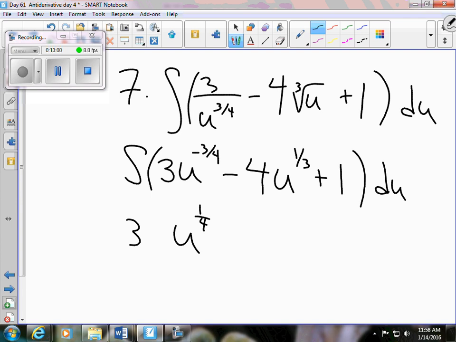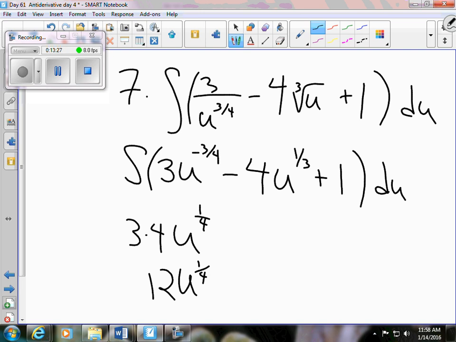You either divide by a 4th or multiply by 4. I think it's easier in this case to multiply by the reciprocal, so we're going to multiply by 4. So the first term is going to be 12 u to the 1/4. You add 1 to the exponent, and you multiply by the reciprocal of the new exponent. The reciprocal of 1/4 is 4 over 1.